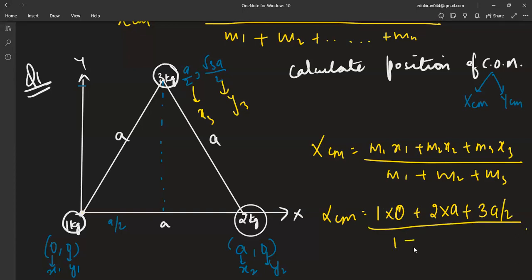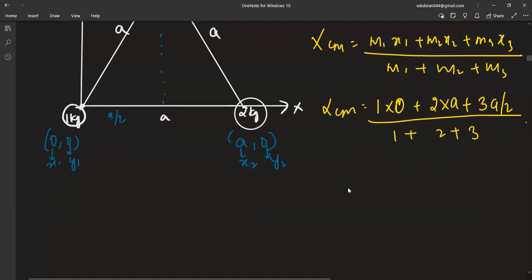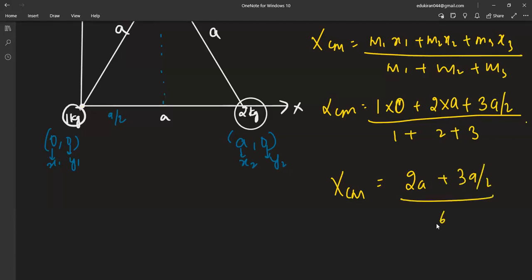So total mass becomes 1 plus 2 plus 3. So xcm, this is 0, this is 2a plus 3a by 2, divided by 6. So when we take the LCM, this will become 12. 5a plus 2a, that is 7. 7a by 12. That is the x coordinate which we have.